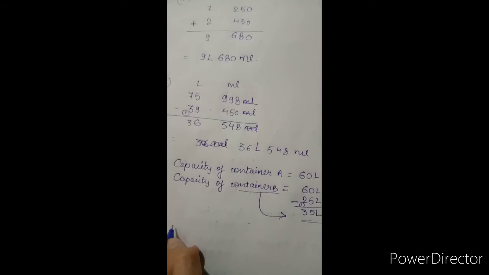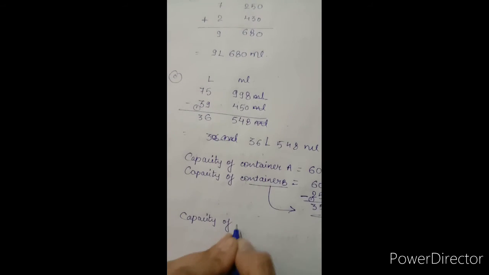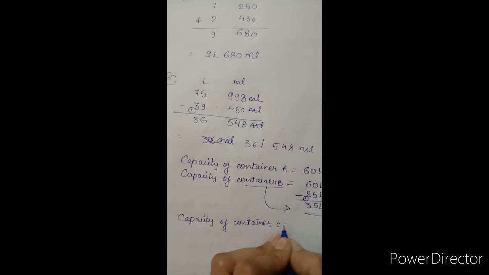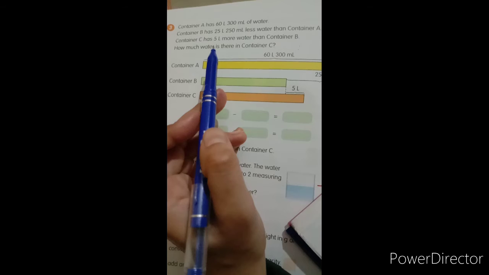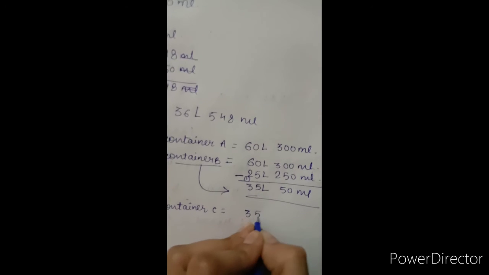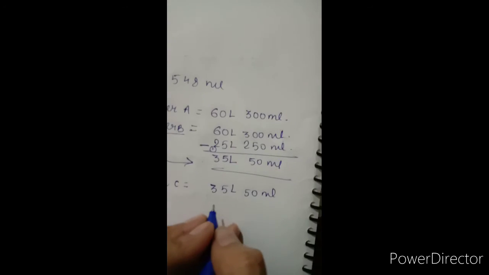After this, the capacity of container C. Container C has 5 liter more water than container B. It means we add 5 liter to container B's capacity.